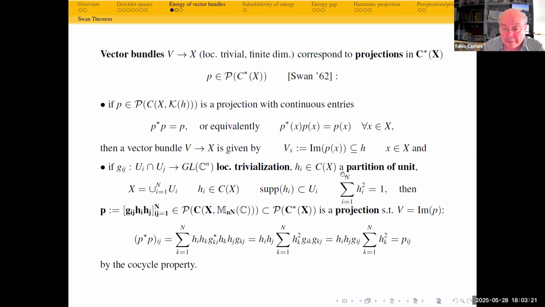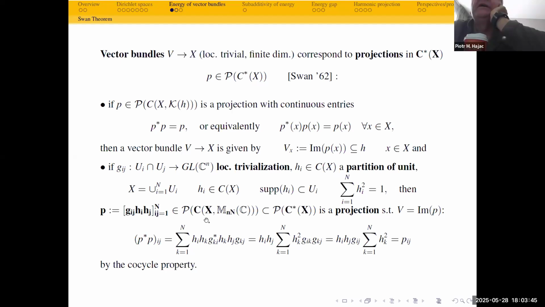These are the elements of the partition of unity, so they are positive functions, by the matrix g_ij, which is the local trivialization, the function matrix that performs the change of atlas charts.